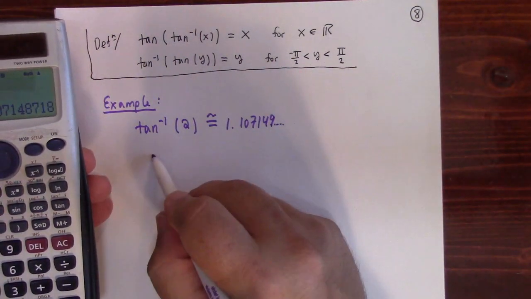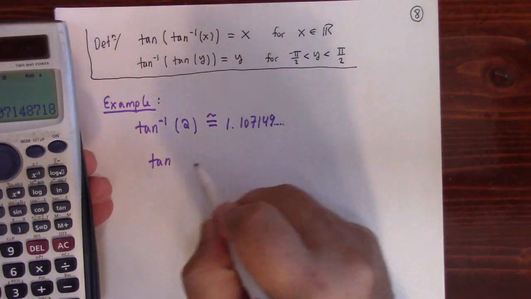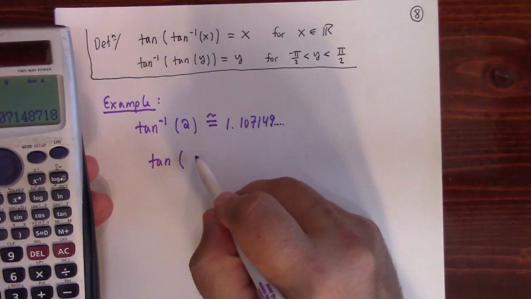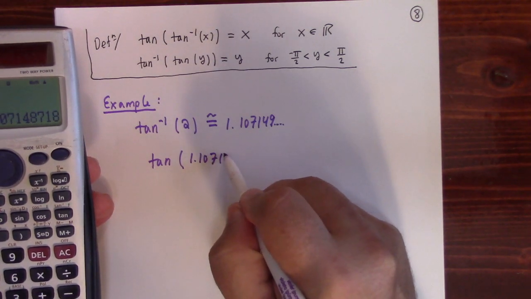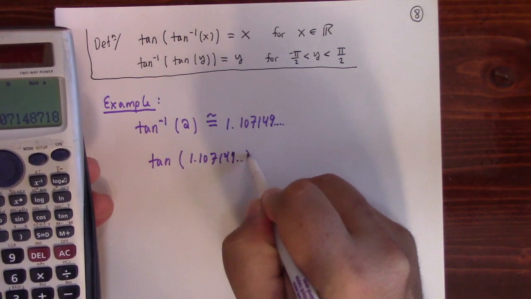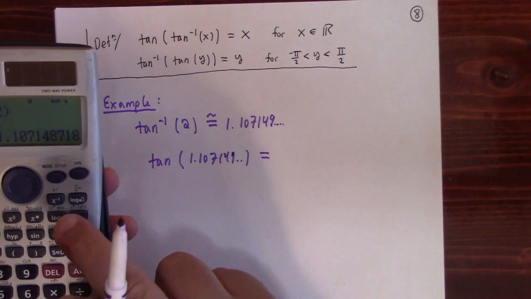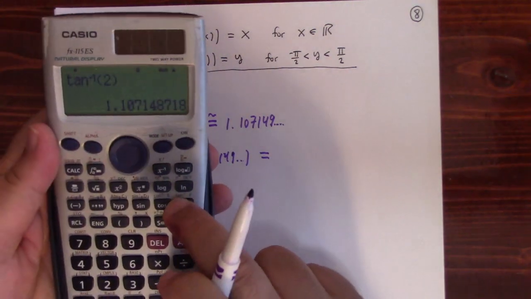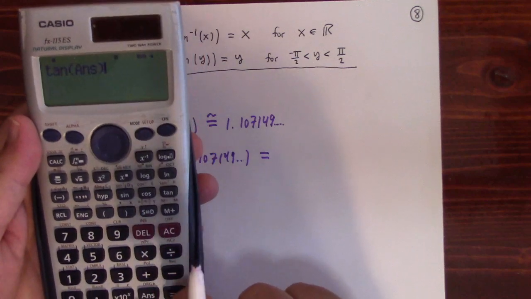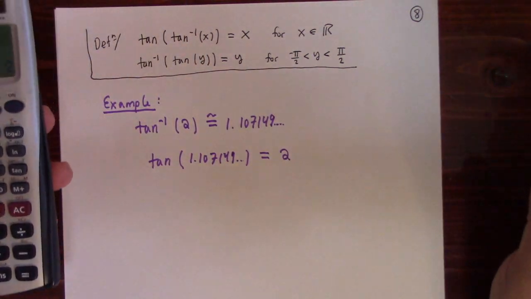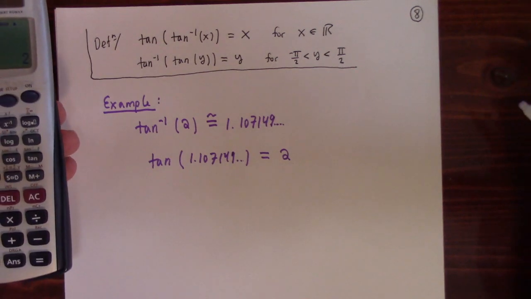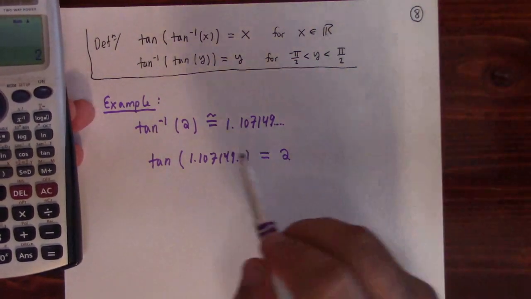And that makes sense because if we calculate the tangent of 1.107149 dot dot dot, what do we get? Tangent of answer, and lo and behold, 2. So that's how the function and the inverse function work. They undo each other.